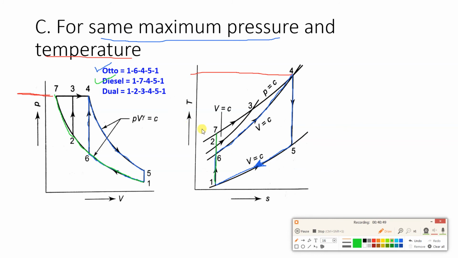Now the next process from 7 to 4 is constant pressure heat addition in diesel cycle. Now from point number 7, I am drawing a curve which is this one.